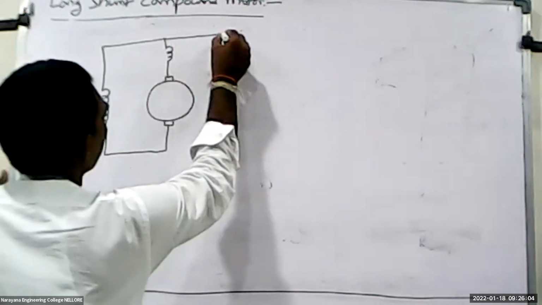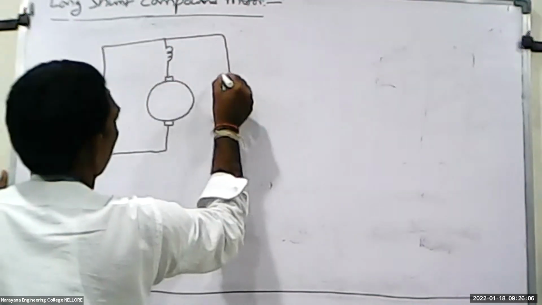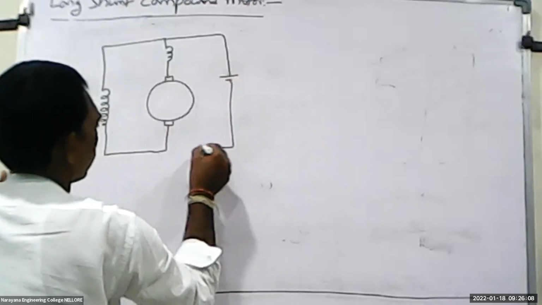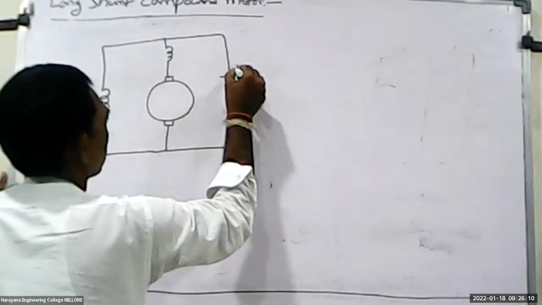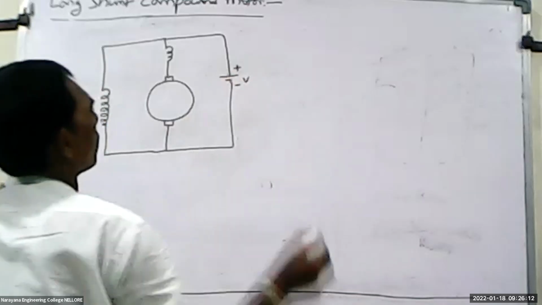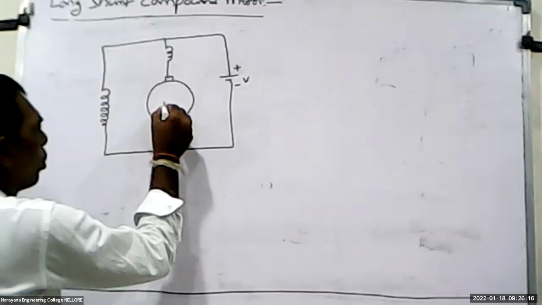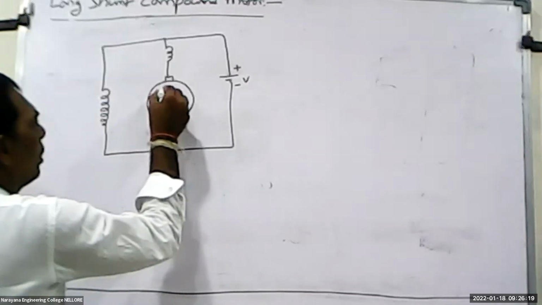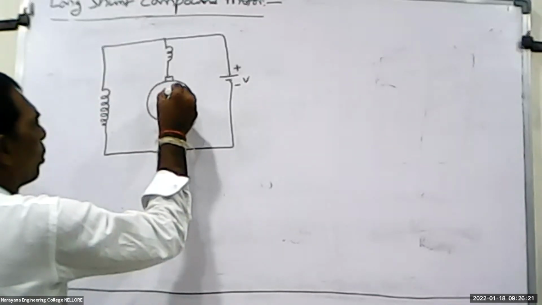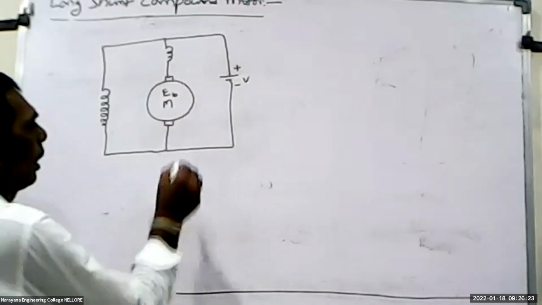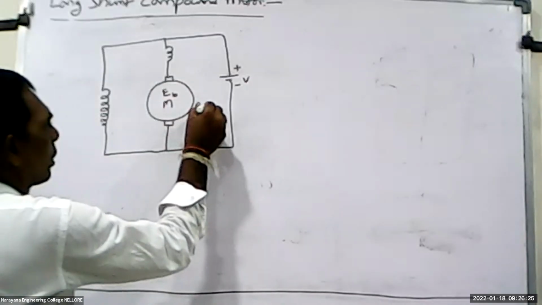Now I have to assume that this is a supply voltage that is represented as plus minus V. So this is considered as a motor having back EMF EB and armature resistance is represented as RA.